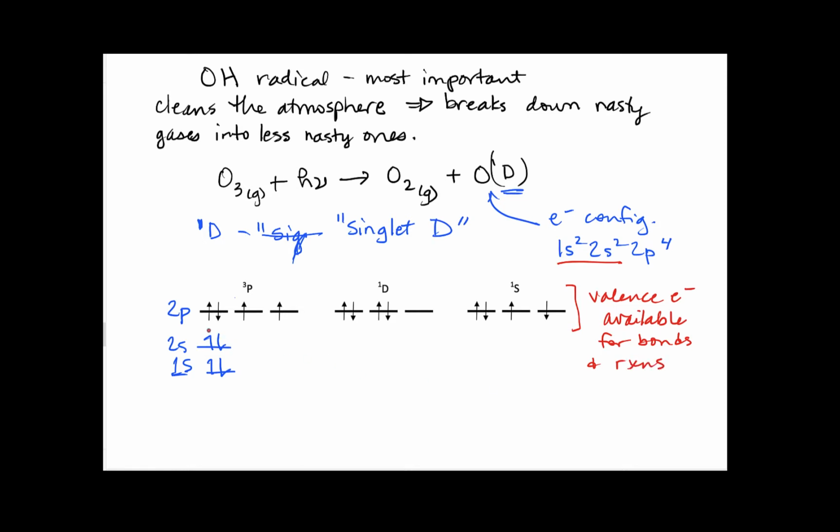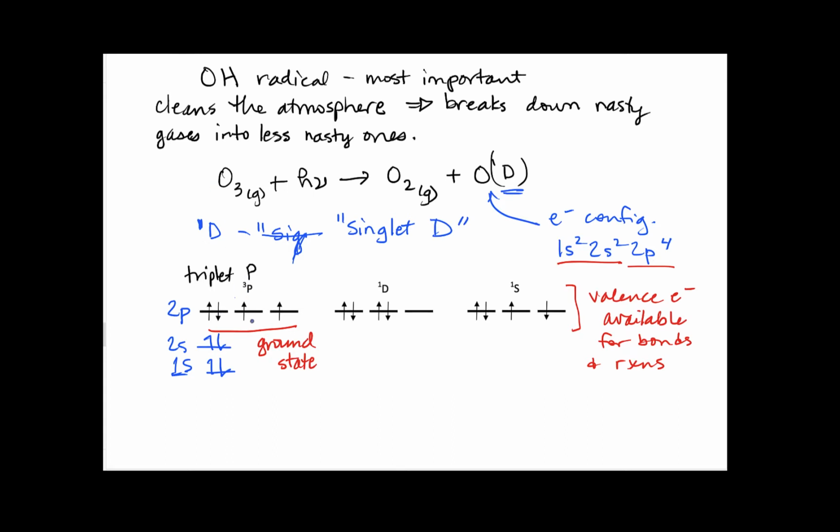All right, so this one over here is ground state. As we can see, our 2p4, 1, 2, 3, 4, and this unpairing of these two valence electrons is what we are told is the most stable configuration, and that's true. And so this gets labeled the 3p, or triplet P, state. You don't need to know why these are P, D, and S. This is just not part of our class.